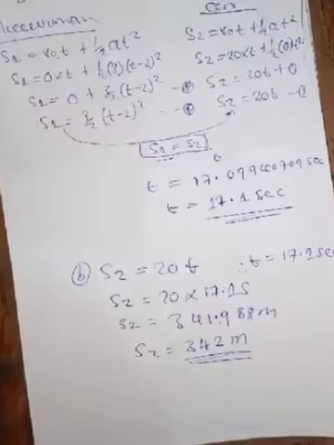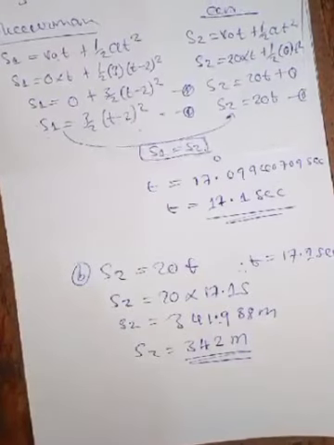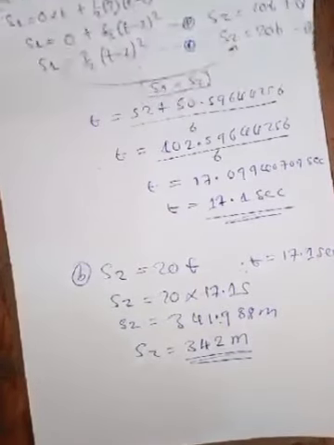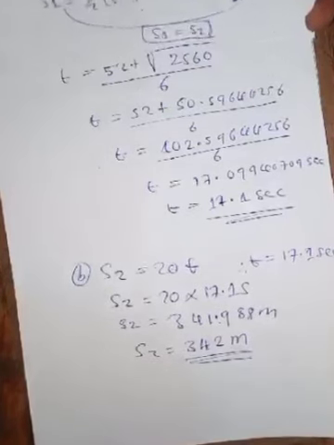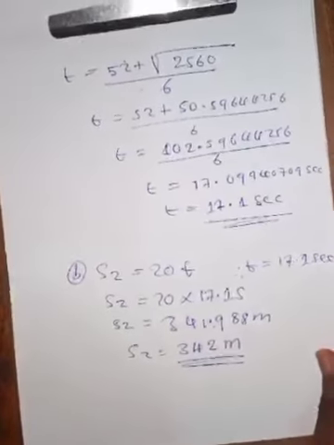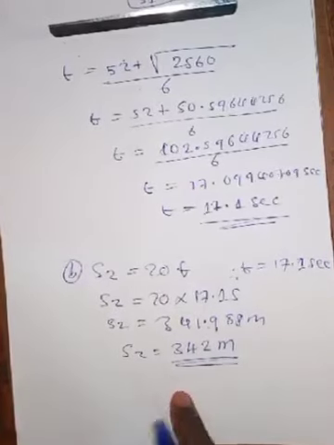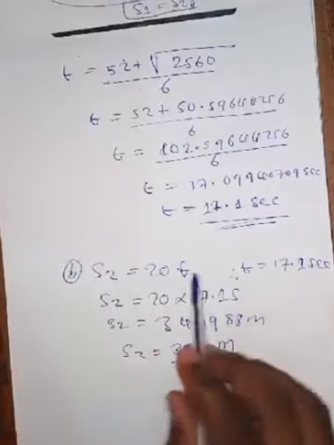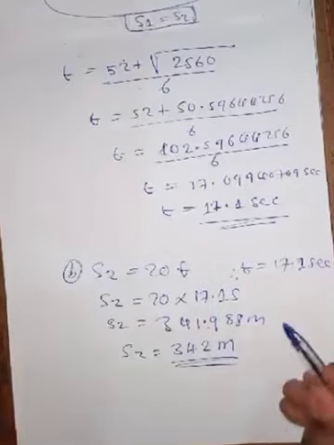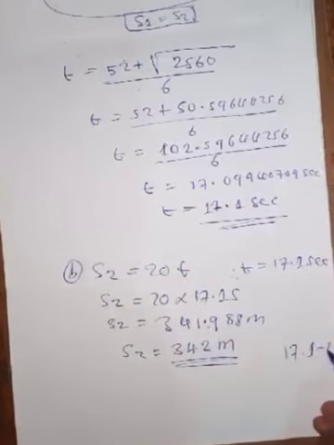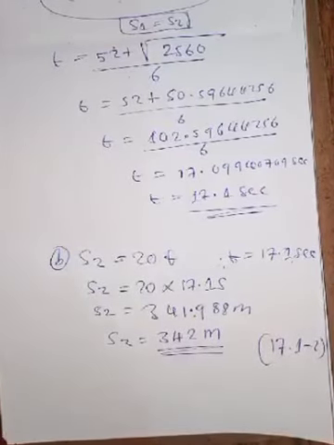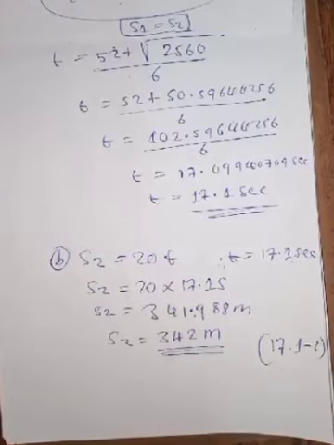You find that the 2 displacements are the same as putting the time on that one, because the 2 vehicles had covered the same displacement within different times. The first question that we had, they covered the same displacement within the same time, but in this case, the 2 have covered the same displacements within different times. The time for the car is 17.1, but the time for the policewoman will be 17.1 minus 2, because the policewoman was late by 2 seconds.